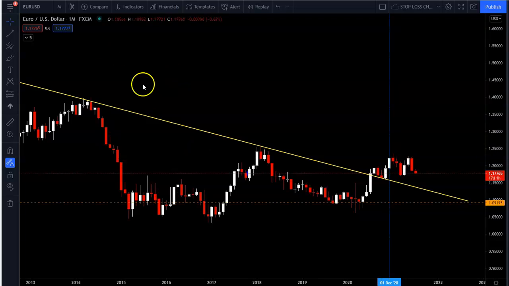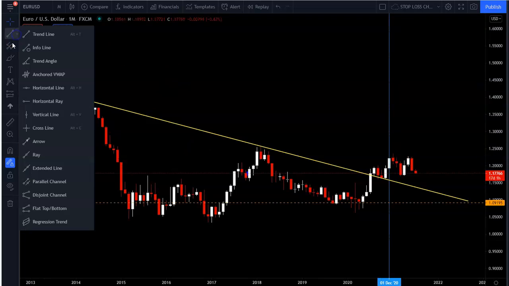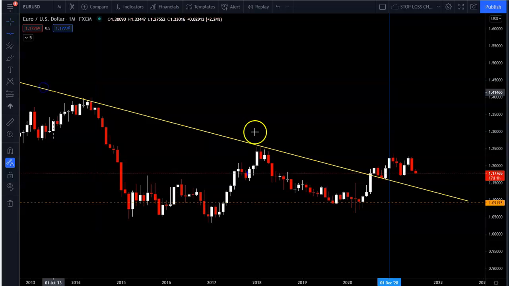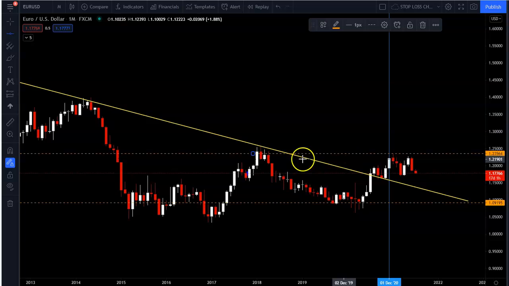We're going to grab a horizontal line and look at this here. As you see, it almost, not quite, but almost, was equal to the previous higher high. But it didn't make it, so it's still a lower high.